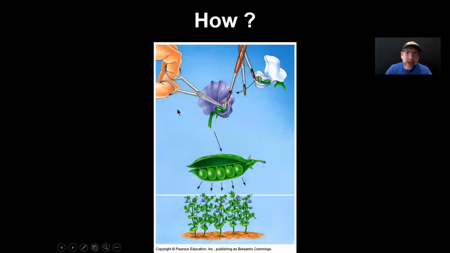So how did he cross plants? It's simple. Plants reproduce sexually, and the plants produce sperm, which people call pollen, and Mendel would pass the pollen with a paintbrush from one plant to the other. So here are your two parents, right?